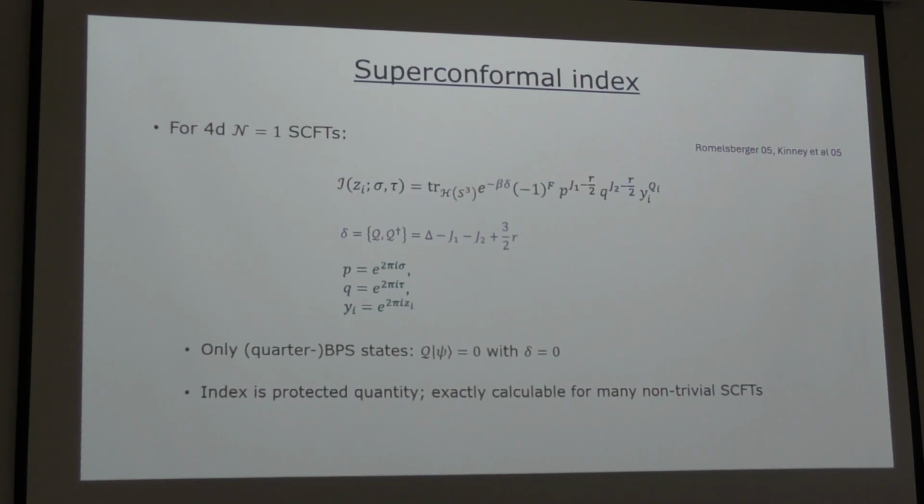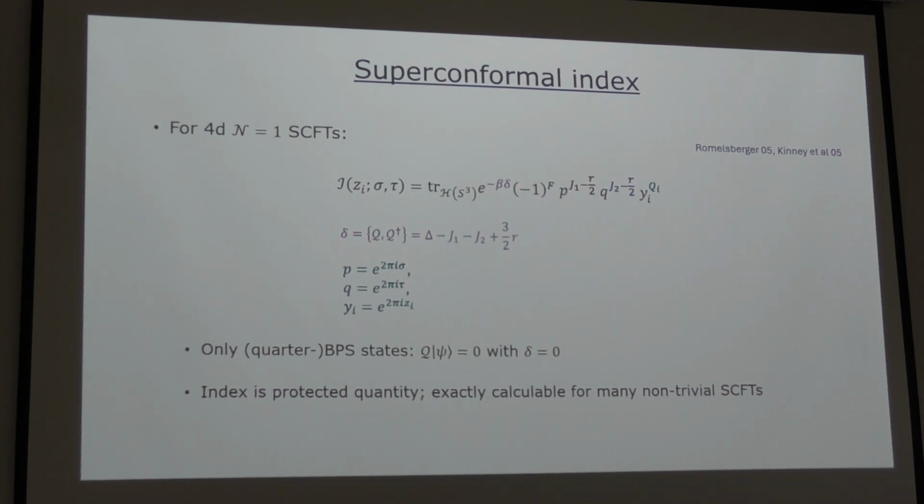So what is this superconformal index? It's defined in the following way. It's defined for general N=1 SCFTs. It's defined rather similar to a thermal partition function in that we quantize our theory on a three-sphere, okay, and we weigh it by this Boltzmann factor, where delta now is not quite the usual Hamiltonian.